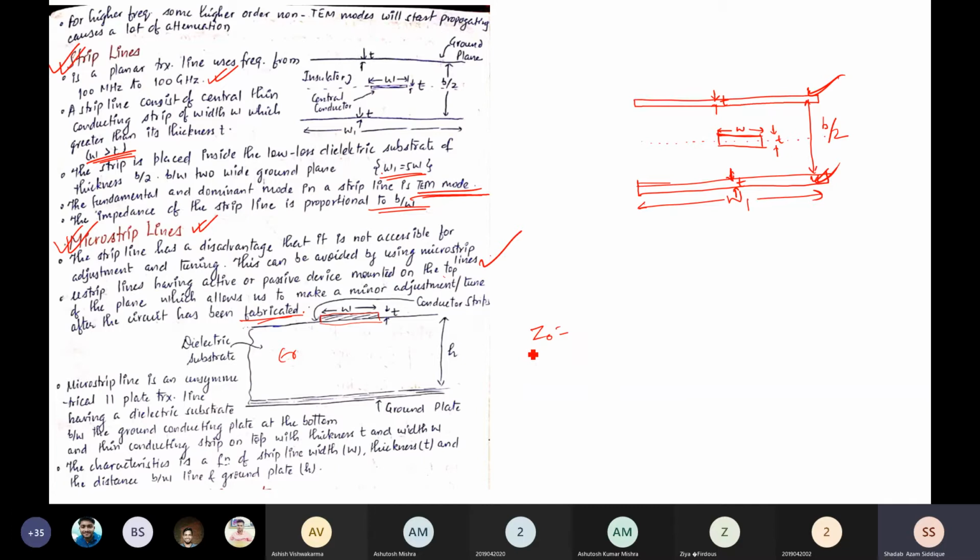Before going to Z naught, I'll give you one more type of structure. Suppose this is rectangular in shape. Suppose you want the conductor strip on top to be circular in shape.